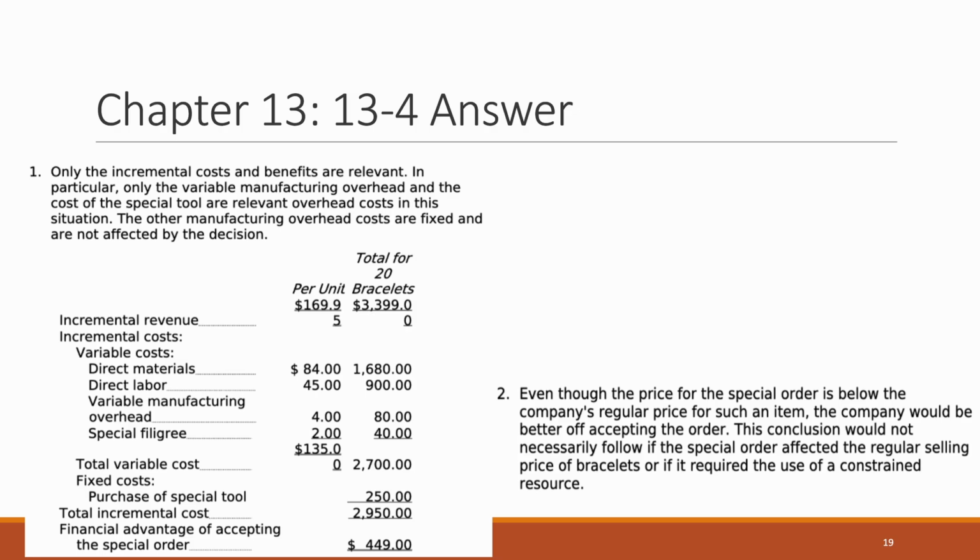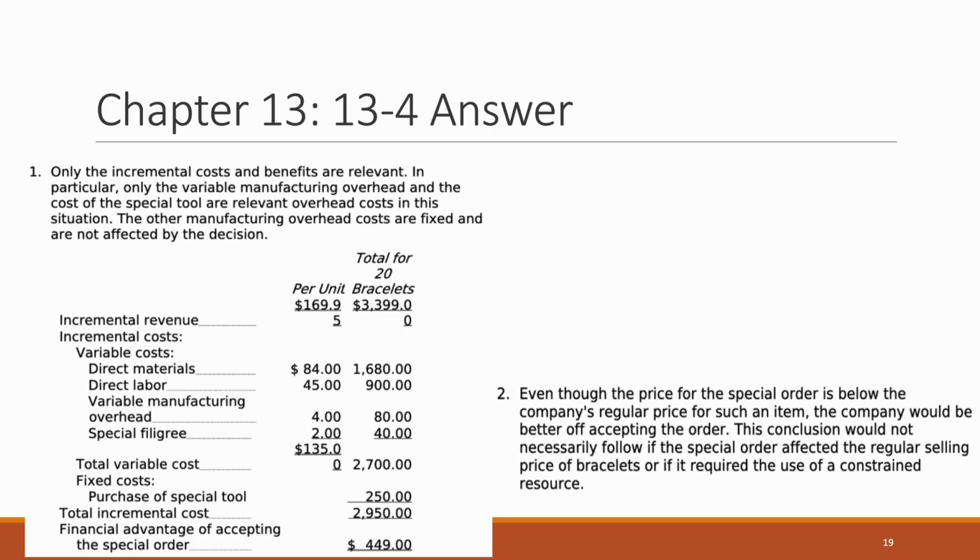It's only relevant to this specific situation in calculating the financial advantage. For example, the fixed cost wouldn't be relevant here because we're going to have to pay those anyway. So the only fixed cost we're going to be factoring in is the fixed cost of the purchase of the special tool, because that's relevant to this situation we're in, that we need to apply this special filigree to these bracelets.